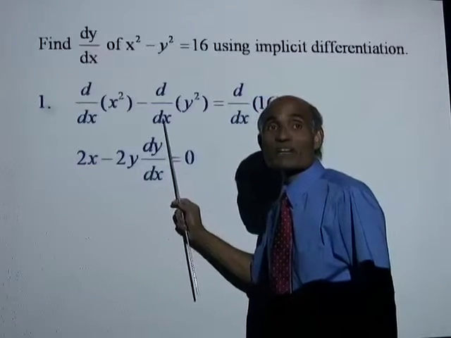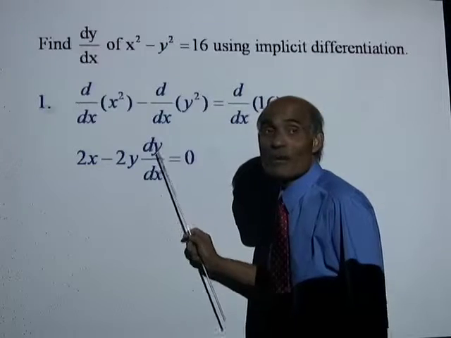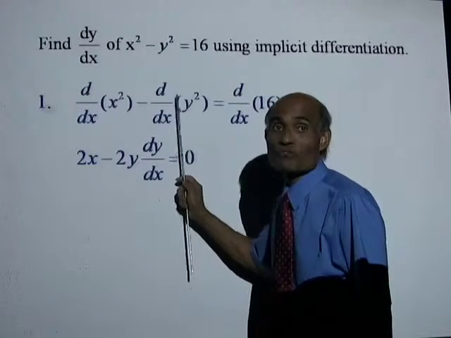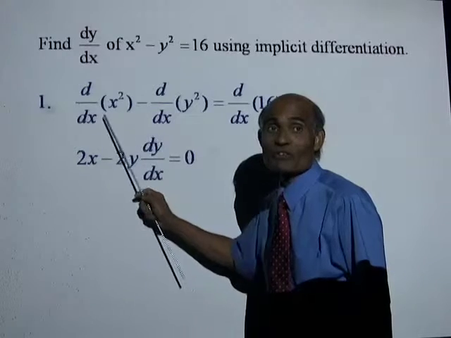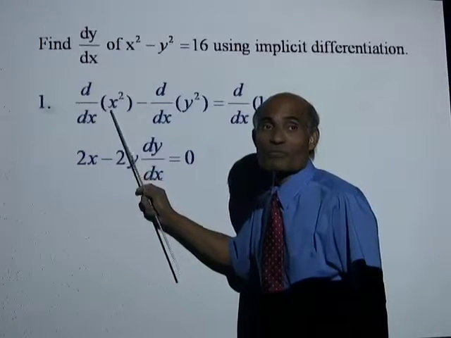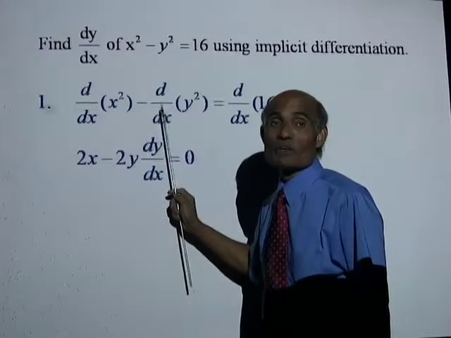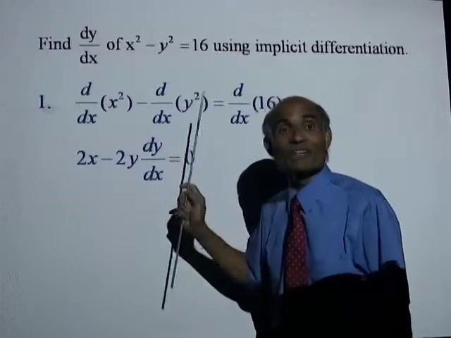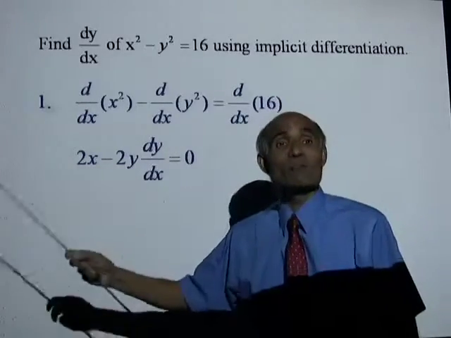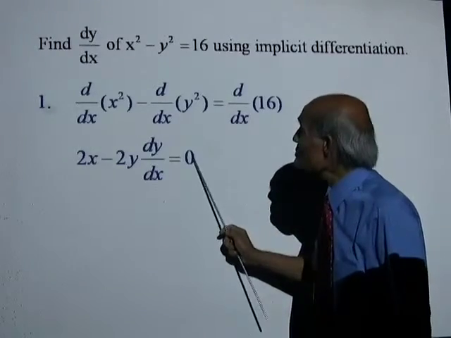And d by dx of y squared will be 2y dy by dx. Don't confuse these two. When the independent variable is x, the derivative of x squared with respect to x is 2x. The derivative of y squared with respect to x is 2y dy by dx. And the derivative of a constant is 0.